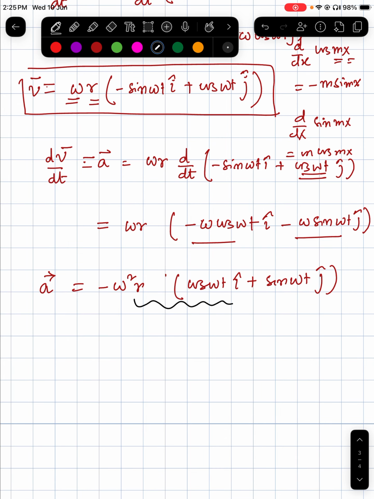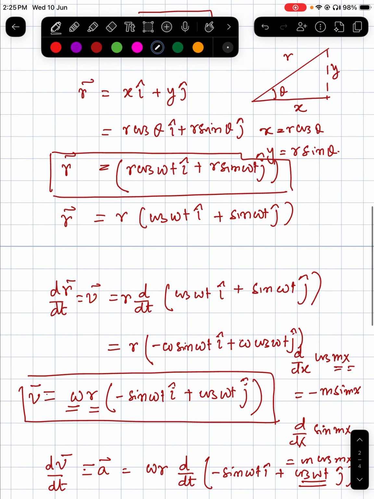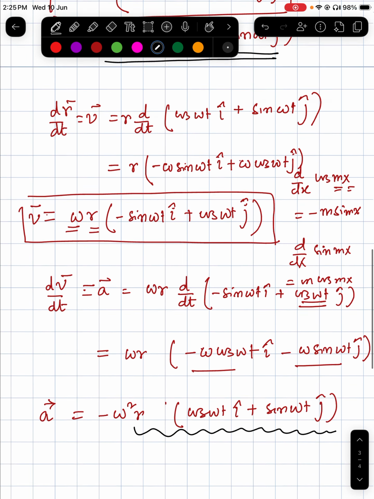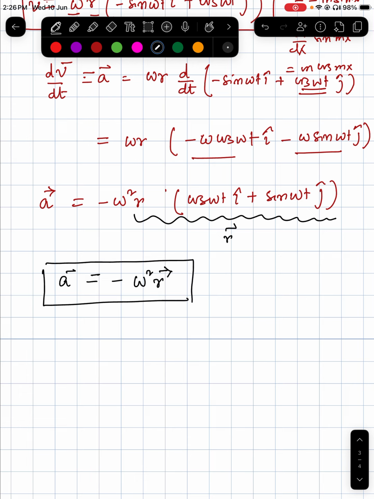This part, r times this, is actually the position vector r. So if I put here the vector r, it is itself the position vector. So the vector a becomes a very small formula: a equals minus omega square r.